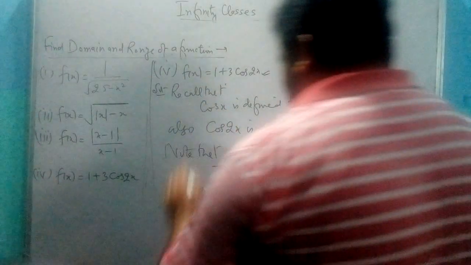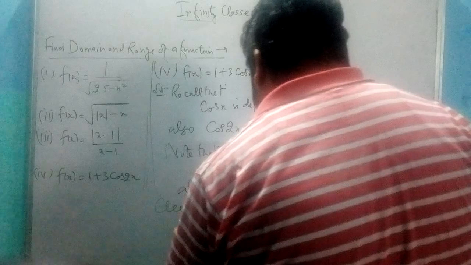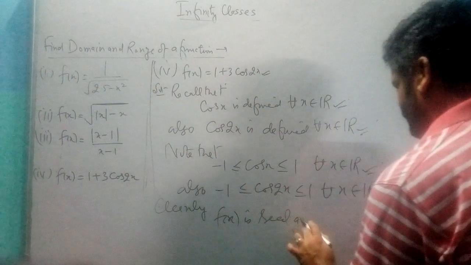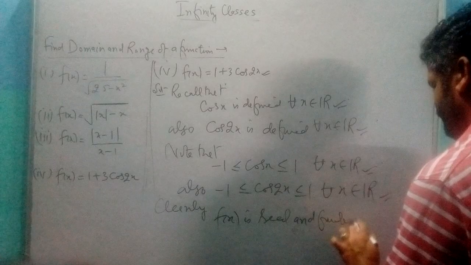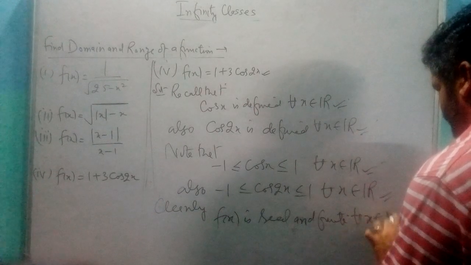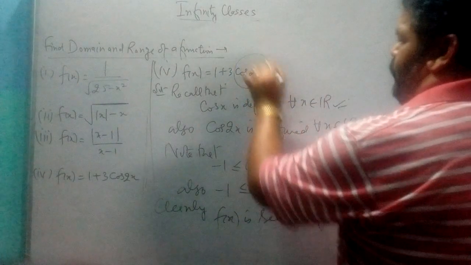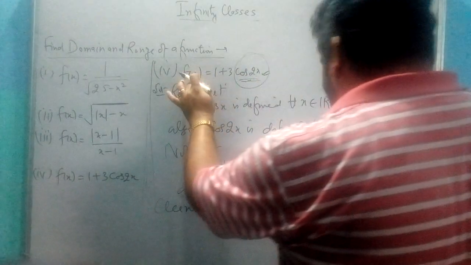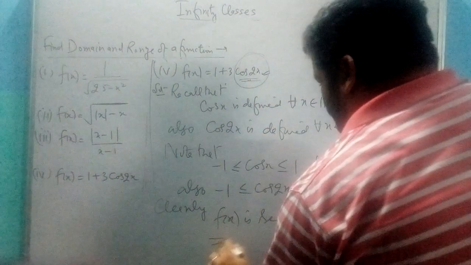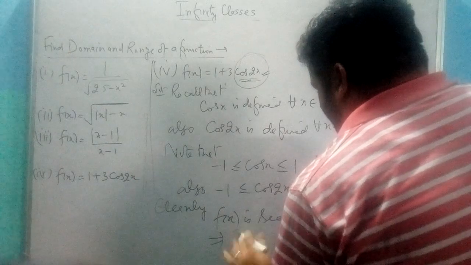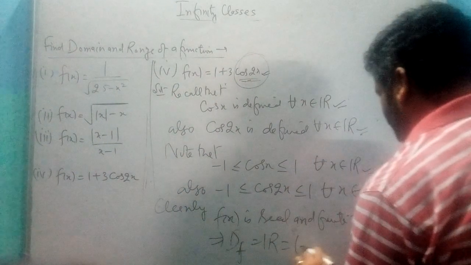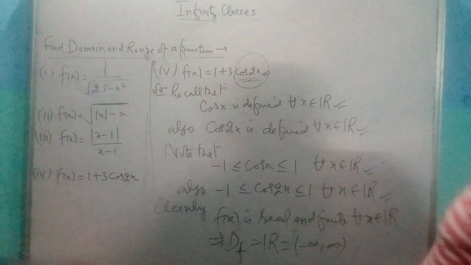Keeping this in mind clearly, f of x is real and finite for all x belongs to R because it contains cos 2x. This is real and finite for all x. So we get f(x) is real and finite for all x, implies domain of f is the set of reals, means minus infinity to plus infinity.